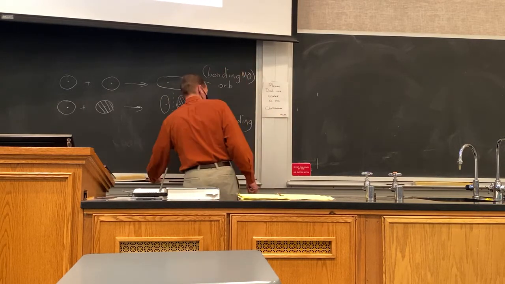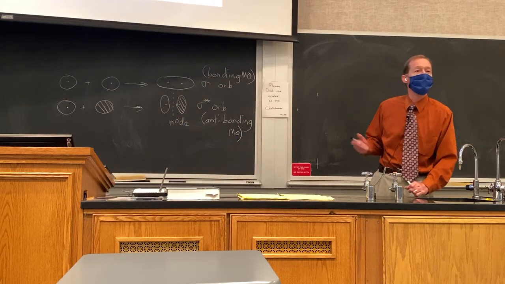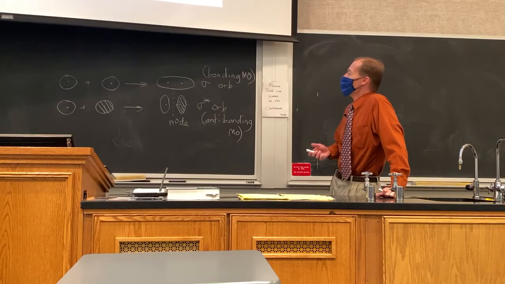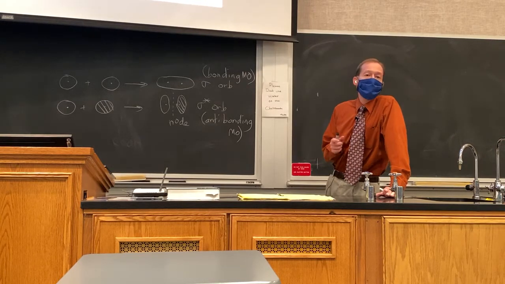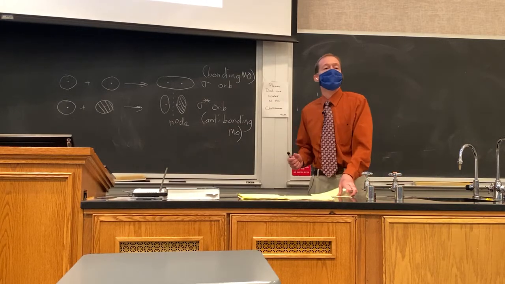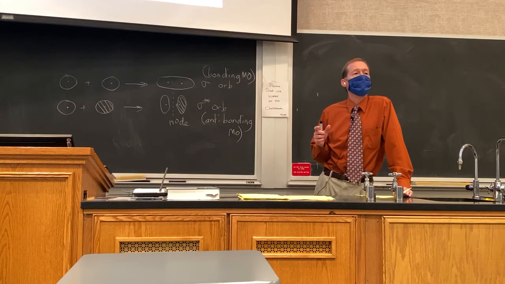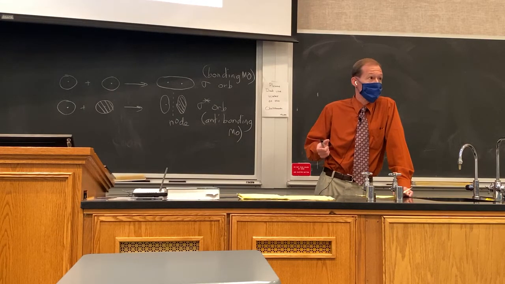Okay? So I've drawn for you here what we ended with on Friday, which was the molecular orbital picture of the hydrogen molecule. We said that molecular orbitals are formed by combining atomic orbitals.